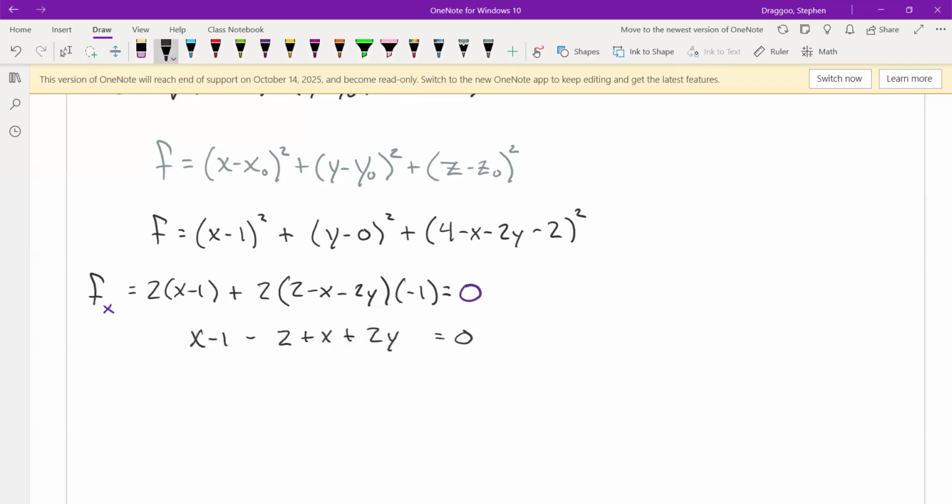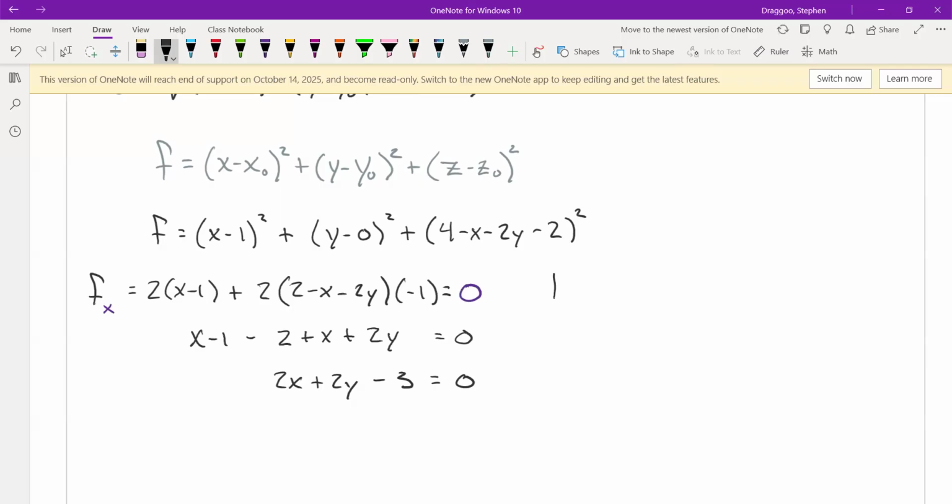Slide that over a little bit. Which ultimately gives me the equation 2x plus 2y minus 3 equals 0. There's my x partial, at least somewhat simplified.